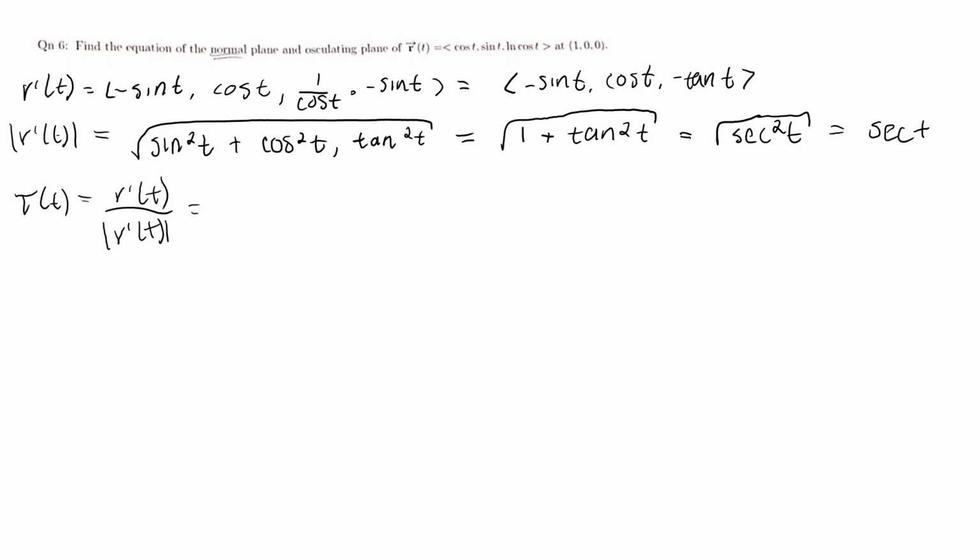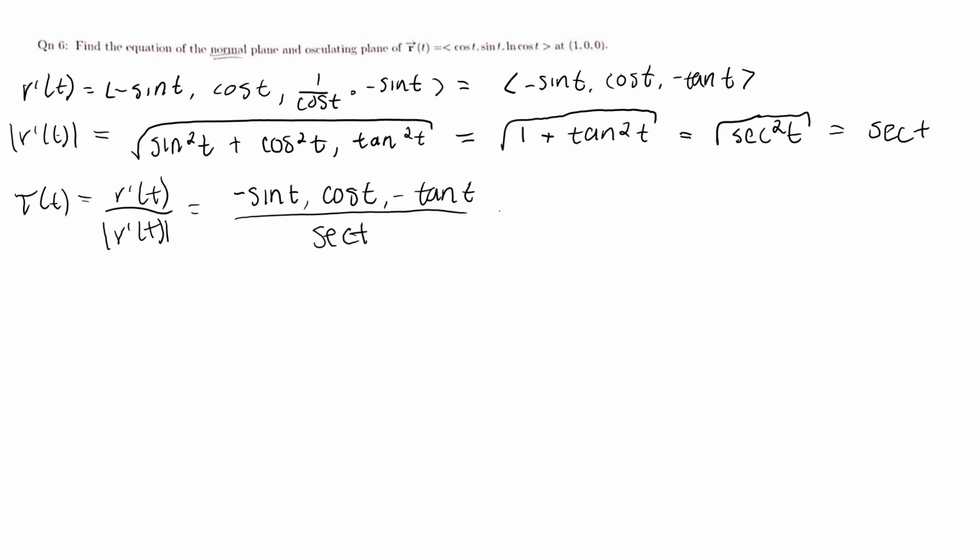And we simply go ahead and plug it in: negative sine t, cosine t, negative tangent t, all over secant.